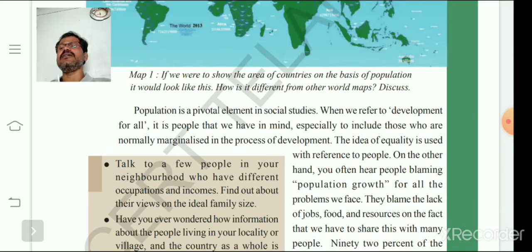On the other hand, we see that many people are blaming that population growth is the problem for all problems we face. When you ask someone why you do not get a job, they say heavy competition.